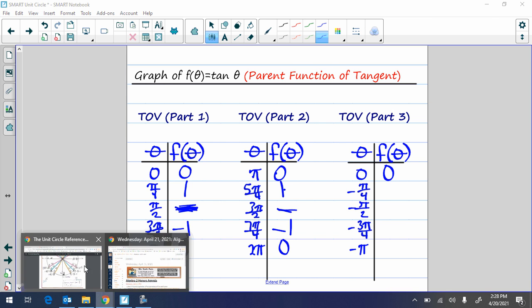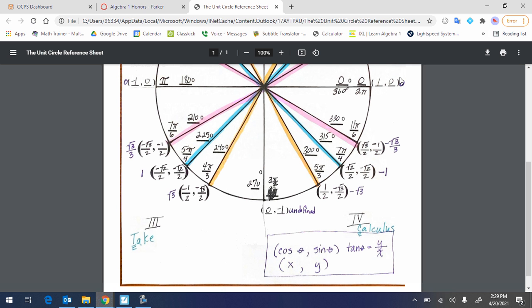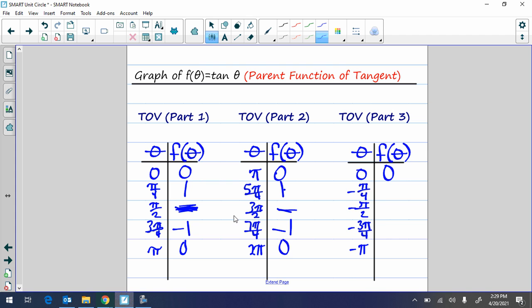So going backwards, again, I'm plotting the tangent, which is the one we wrote off to the side here: 0, -1, undefined, 1, 0.